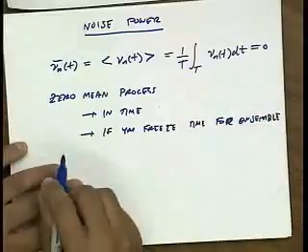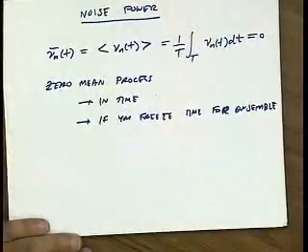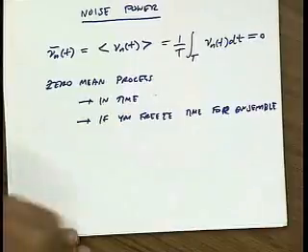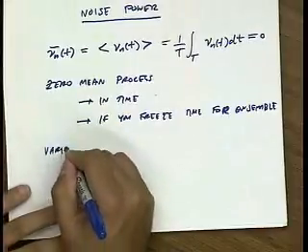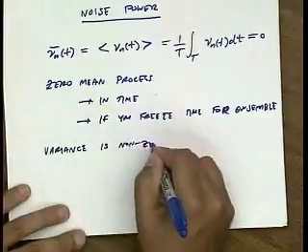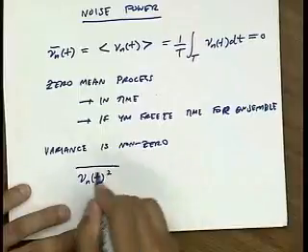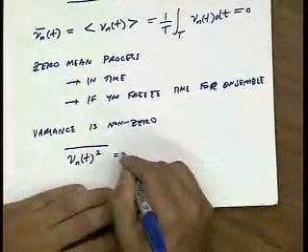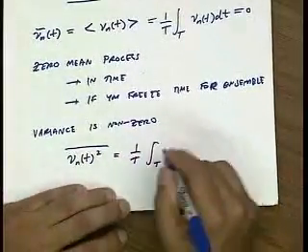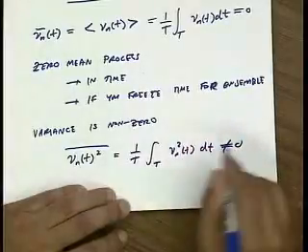Professor Razavi has a nice discussion about the basic properties of random signals. I encourage you to read that section of his book. What we find is that the variance is non-zero. The variance is the average of the squared value, in other words, Vn squared of t integrated over time.